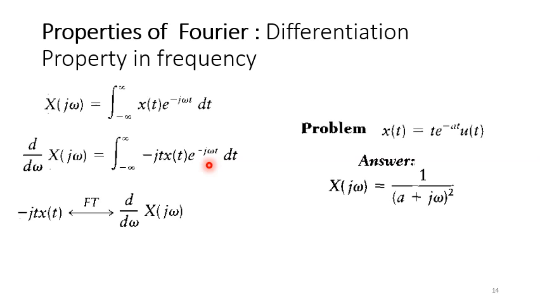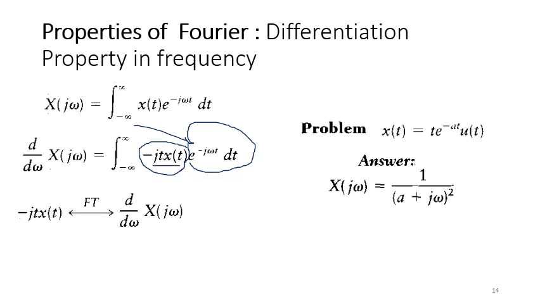So basically that's the time domain signal. That means differentiation in frequency, because we are taking the Fourier transform of this, the original signal, multiplied by e to the power minus j omega t and integrated from minus infinity.